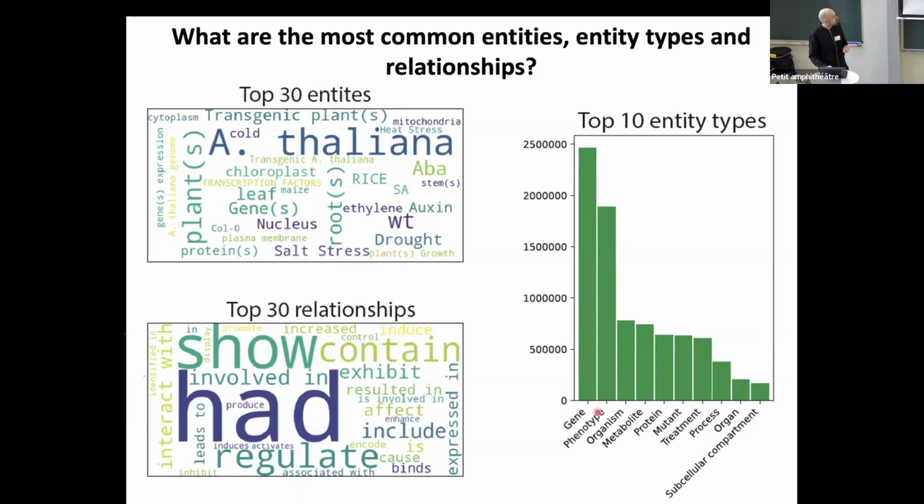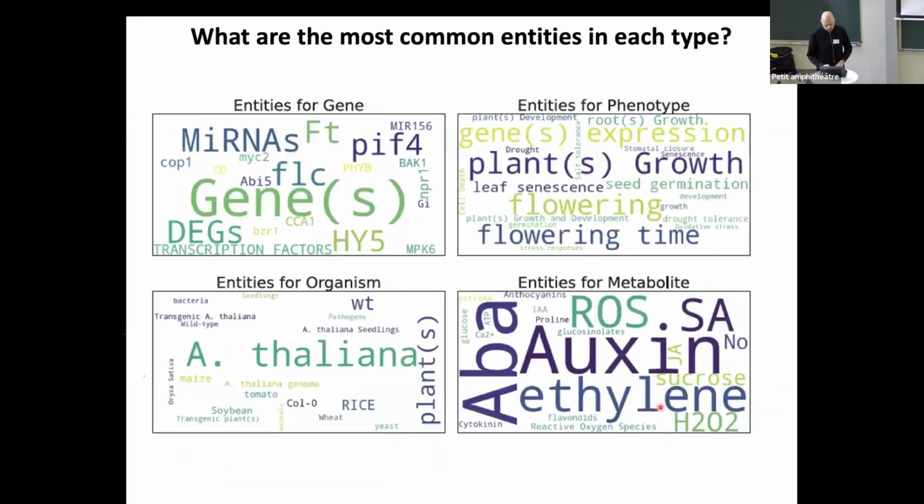And the most common entity type is gene, which makes sense because we're looking for abstracts which contain Arabidopsis gene names. Then we have phenotype, because very often papers report phenotypes of mutants. Then organism, metabolite, and so on.